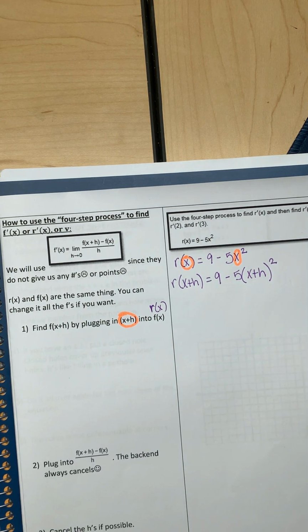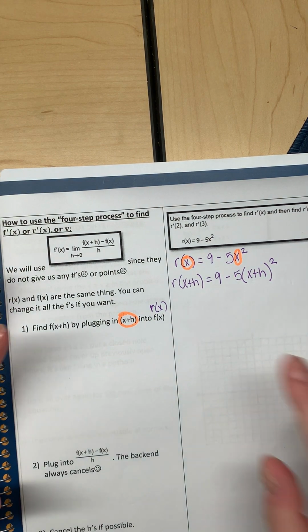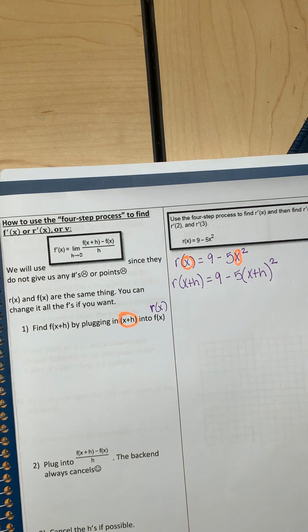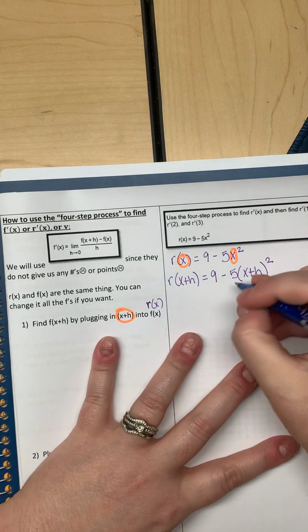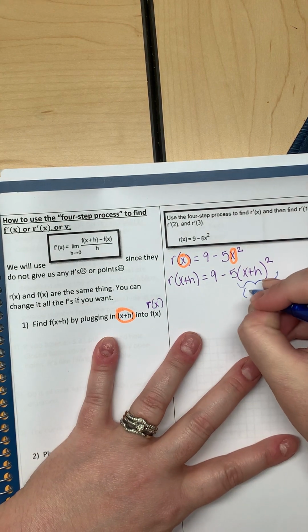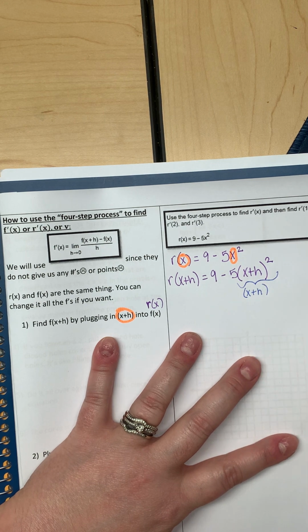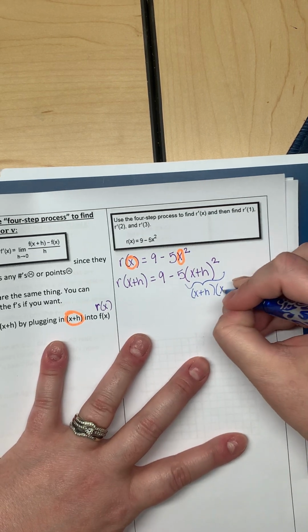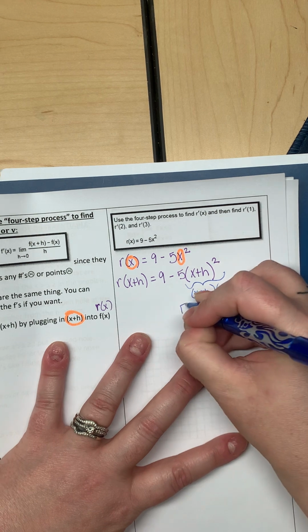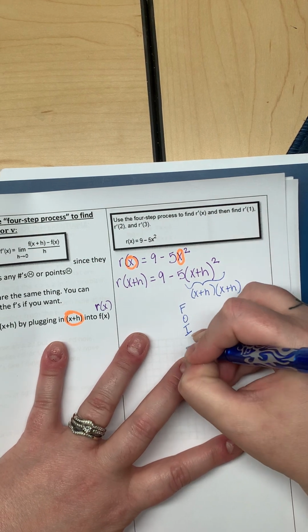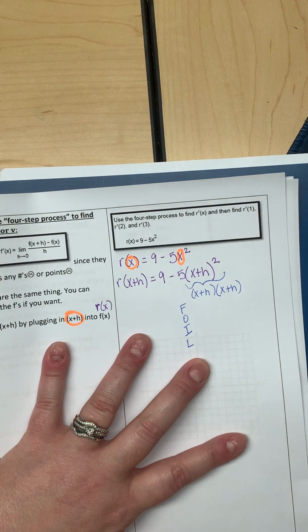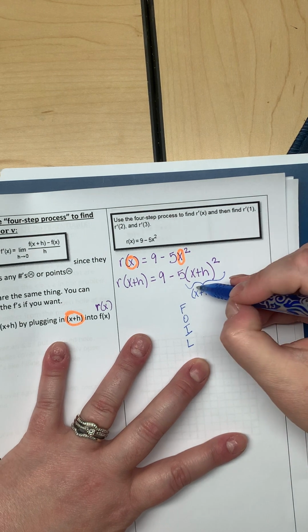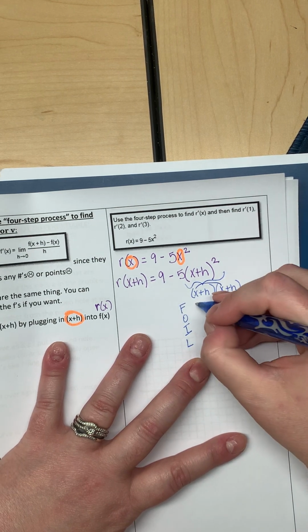Okay, so for us, we need to multiply all this out. So first, I think I'm going to take care of that squared thing. That squared thing means it times itself, as in x plus h times x plus h. And then I like to do that FOIL thing, which is just how you naturally multiply. Don't panic. So x multiply x is x squared.